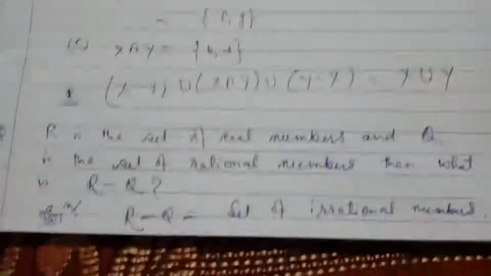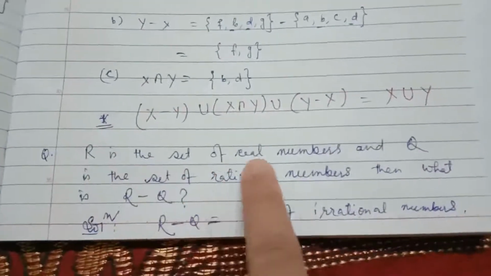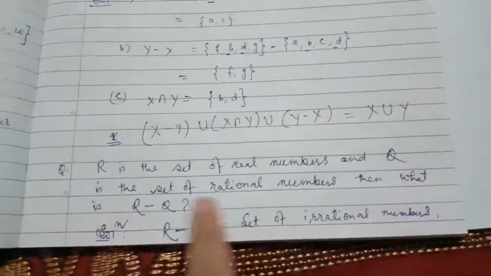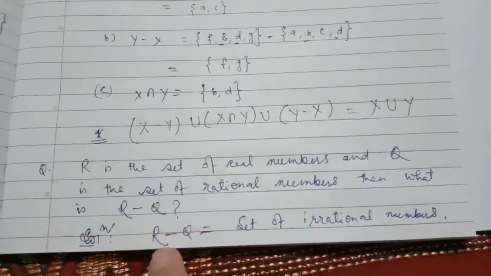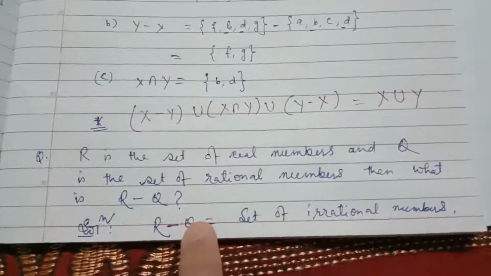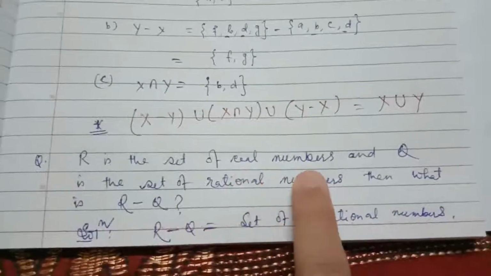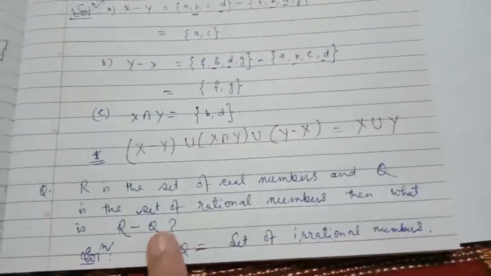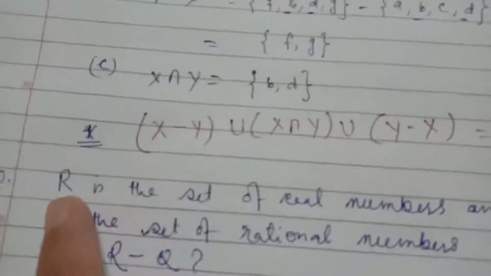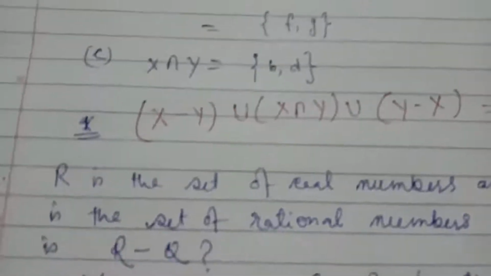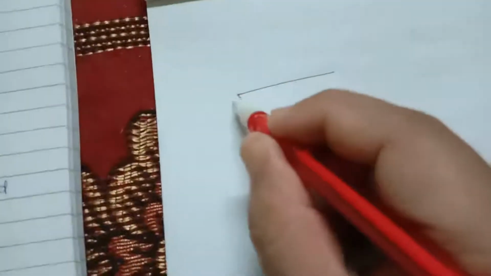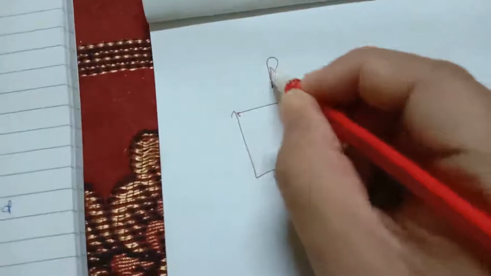Next, R is the set of real numbers and Q is the set of rational numbers. Then what is R minus Q? Real numbers mean rational plus irrational numbers. Let me write, set of real numbers.